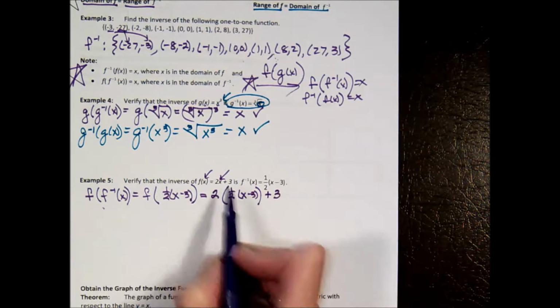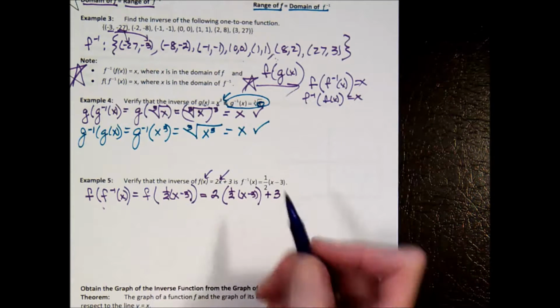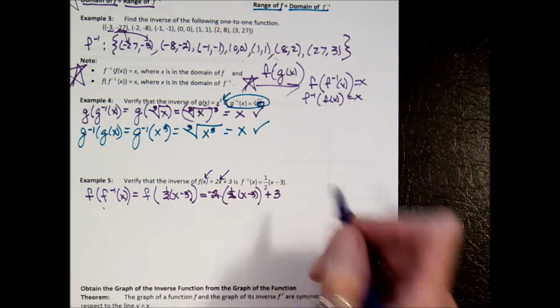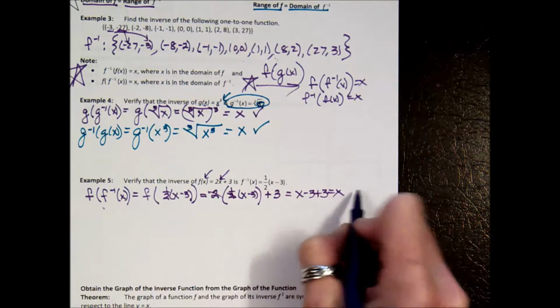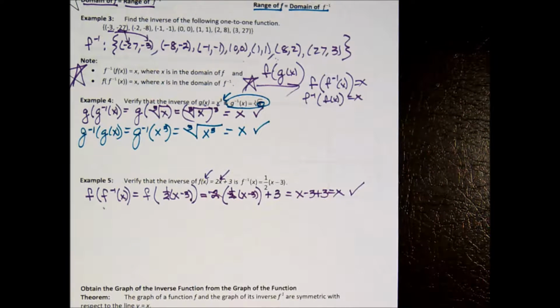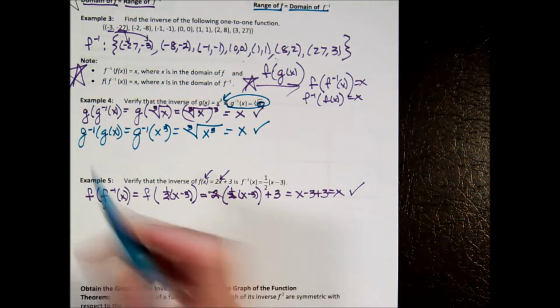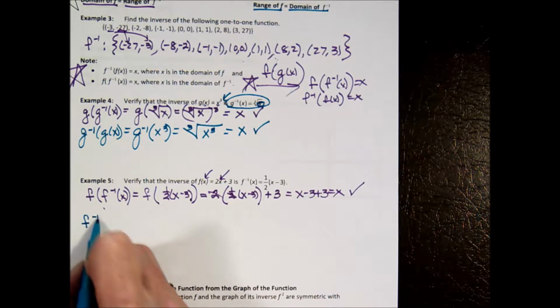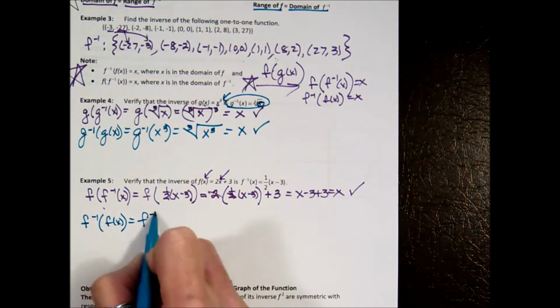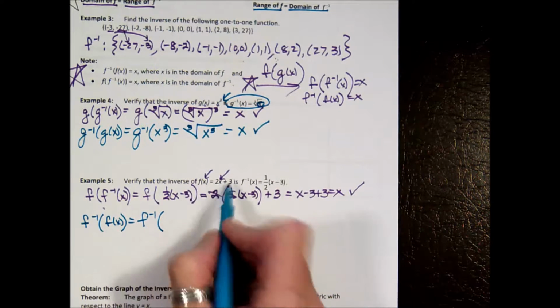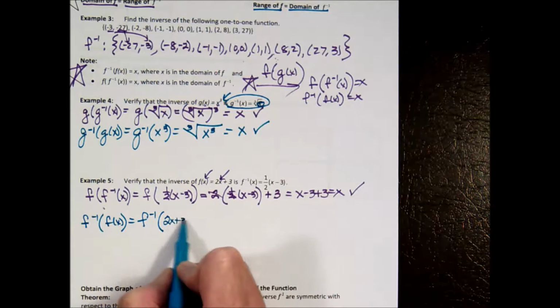So I just finished that. Those will cross cancel. That gives me x minus 3 plus 3, which is just x, which is what it's supposed to be. Let's do it in the other direction and make sure it works. Now we want the composite of f inverse of f of x. So that means f inverse of f of x is 2x plus 3. So what does that mean?